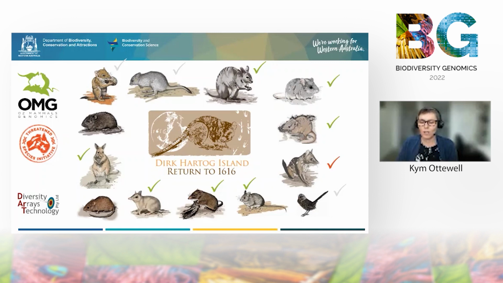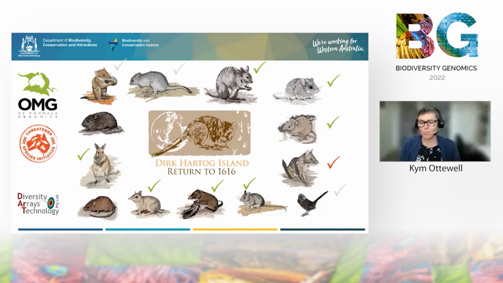And we also use a commercial service on occasion, Diversity Arrays Technology, to provide that genomic data. So we will have foundational genomic data for each of the threatened species that are being released onto Dirk Hartog Island.